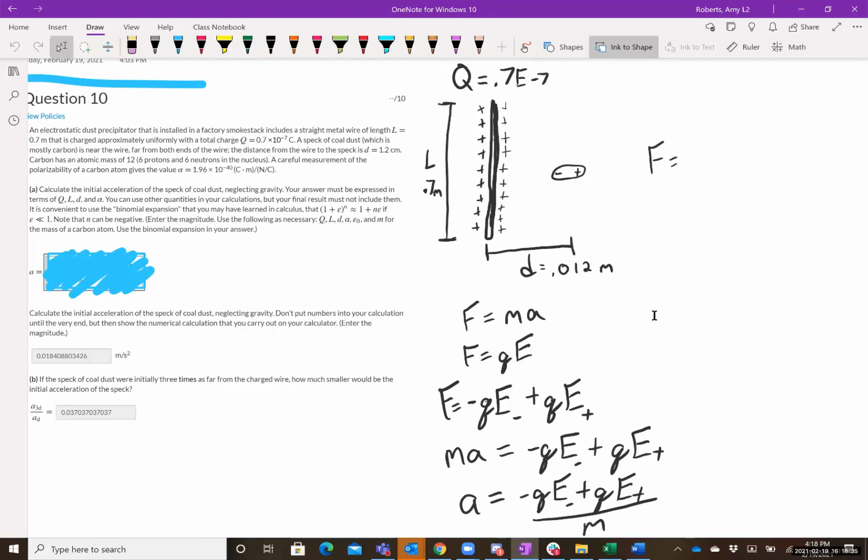Wait, nope, that's not wrong. And then we also. What are the units on that charge? Oh, no, I missed that. Great. And then we also know the polarizability, which is alpha.